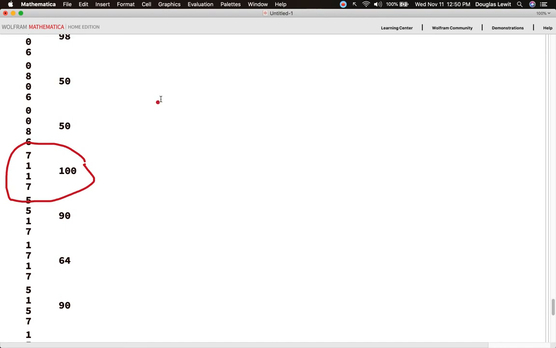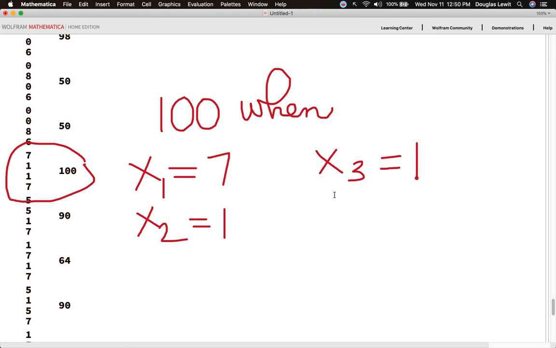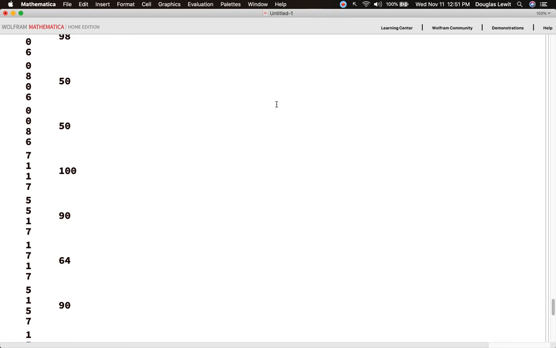So my function has a maximum value of 100 when x1 is equal to 7, x2 is equal to 1, x3 is equal to 1, x4 is equal to 7. Okay? Let's see. There we go.